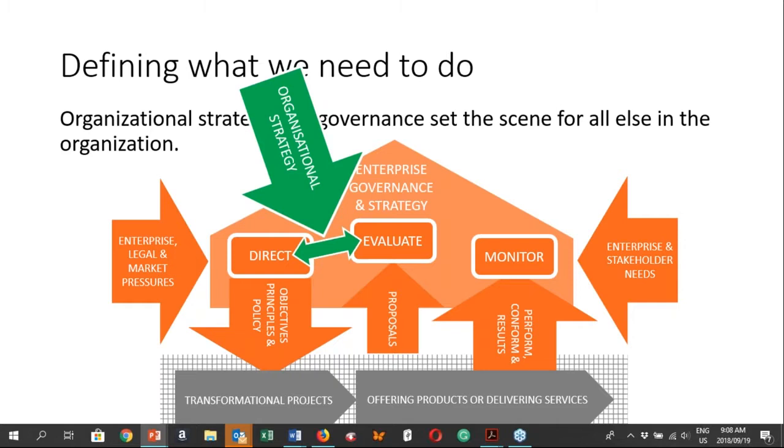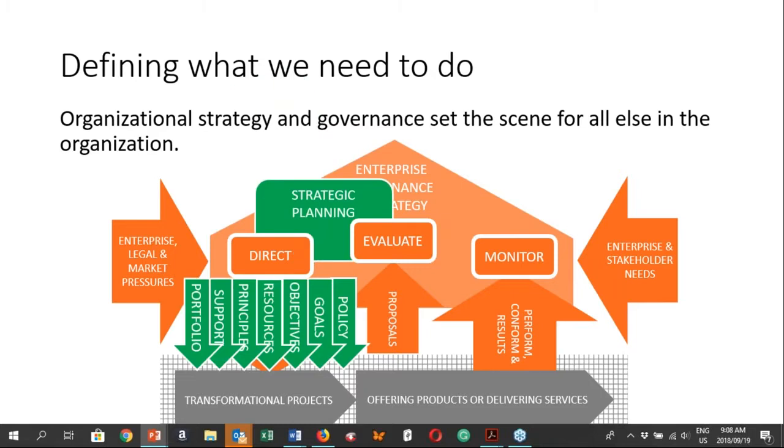And the moment we've defined that, then we can actually start providing guidance to the organization in terms of what it is that the organization needs to go and do and achieve.